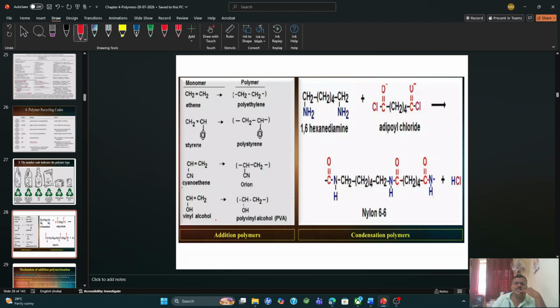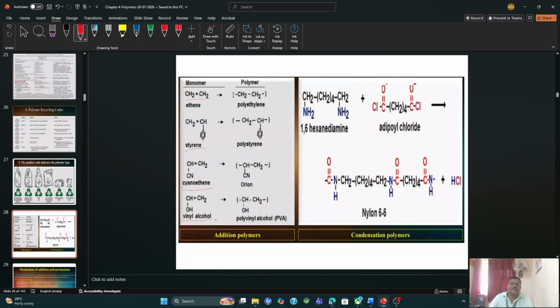Addition polymers means polymers prepared by addition reactions or addition polymerization reactions. Examples of the monomers under this category: ethene, styrene, cyanoethene, vinyl alcohol. These are all examples of monomers used for the preparation of addition polymers.